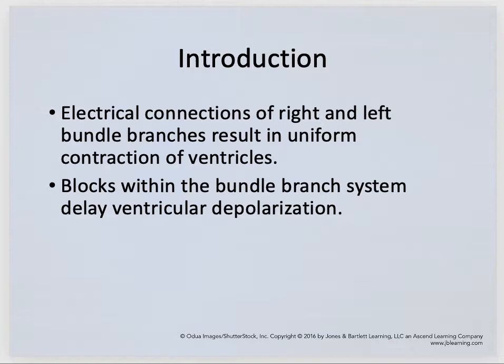If there is a delay going down the left or the right bundle branch, in the left or right ventricle, we call it a block, right? So that depolarization coming from the SA node to the AV node, and then dividing to left and right bundle branches, as it goes down that conduction track, that is where what we know as a bundle branch block can develop, right? A delay.